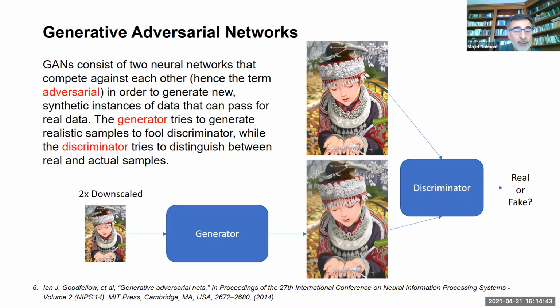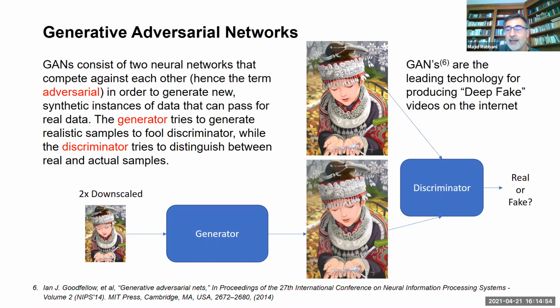Both of them were the undergraduate class of 2008. So my Ian Goodfellow number, if you will, is 2, if you indeed count it as a degree of separation. But anyway, humor aside, GANs are the leading technology for producing deepfake videos.